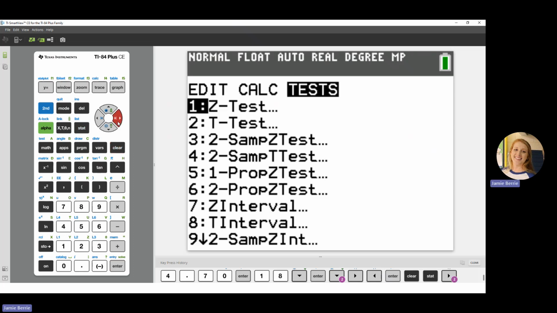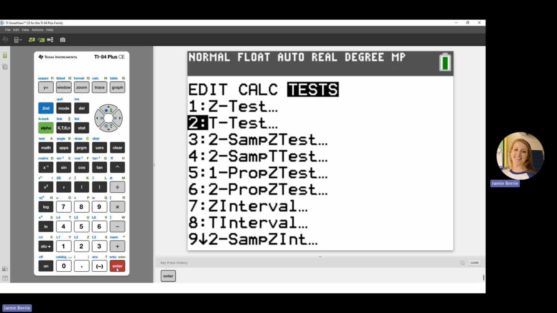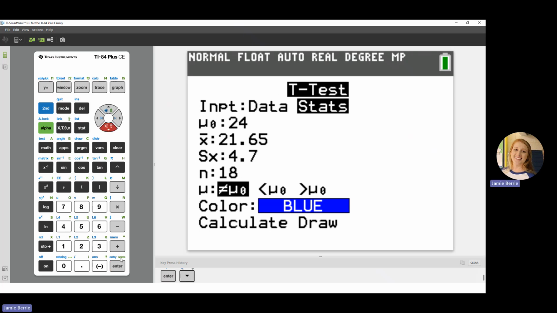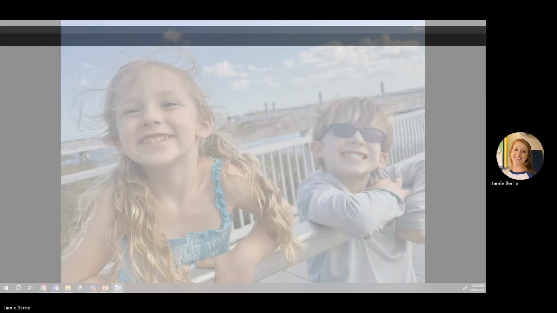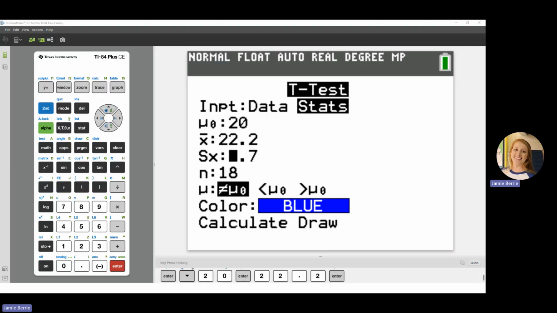Okay, stat, test, t-test. All right, stats: 20 minutes they say it takes for a pizza to be delivered. Average sample mean was 22.2. Sample standard deviation, nope, I've already forgotten it, 3.1.